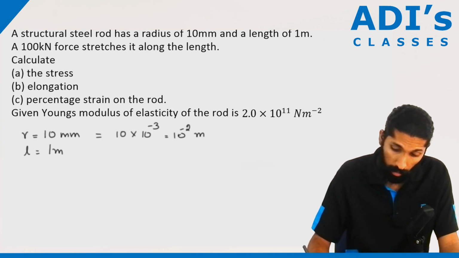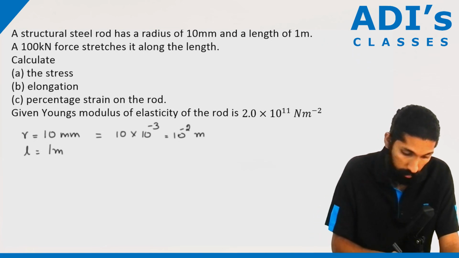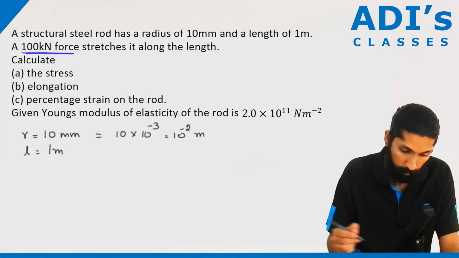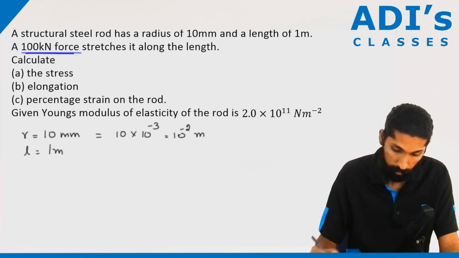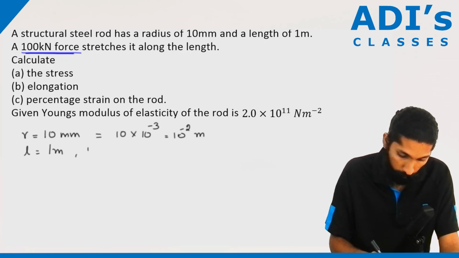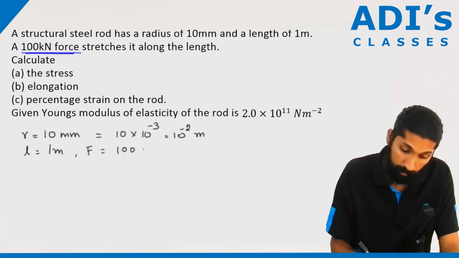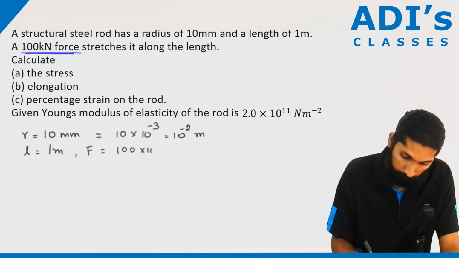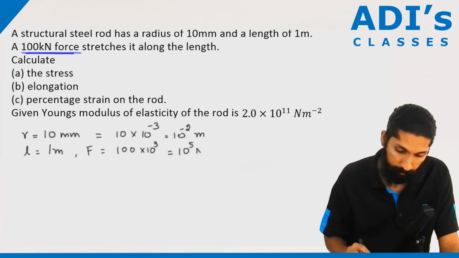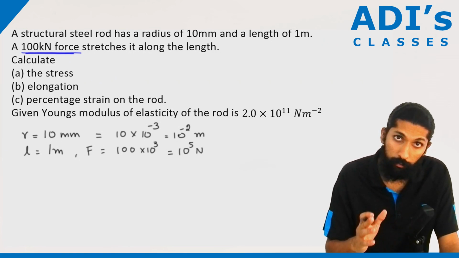Next, they're telling 100 kilonewton of force. Look at this, 100 kilonewtons of force. So write that one down also. Force is equal to 100 kilo. Kilo is 10 to the power of 3, which gives 10 to the power of 5 Newton. This is the force given.